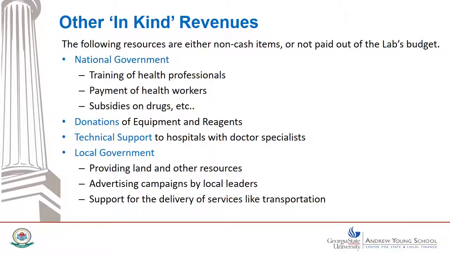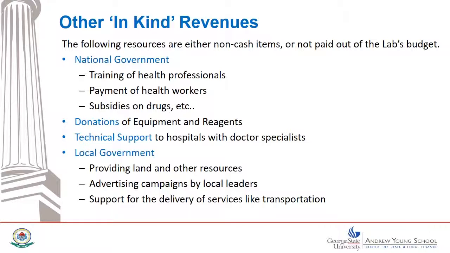In some cases, equipment, reagents, and other healthcare-related items are donated directly to local laboratories. Technical support is another valuable resource for local healthcare providers in specialized areas of healthcare. In this way, a small staff's knowledge base is augmented by outside assistance.